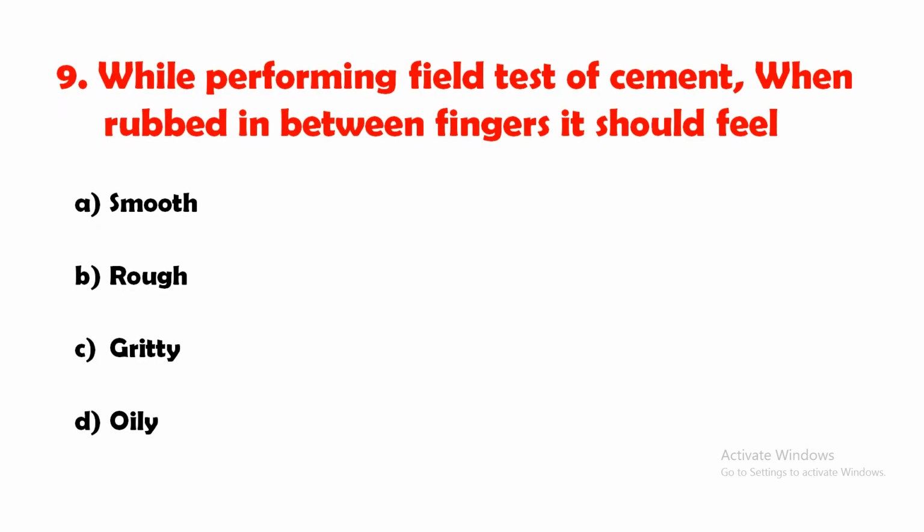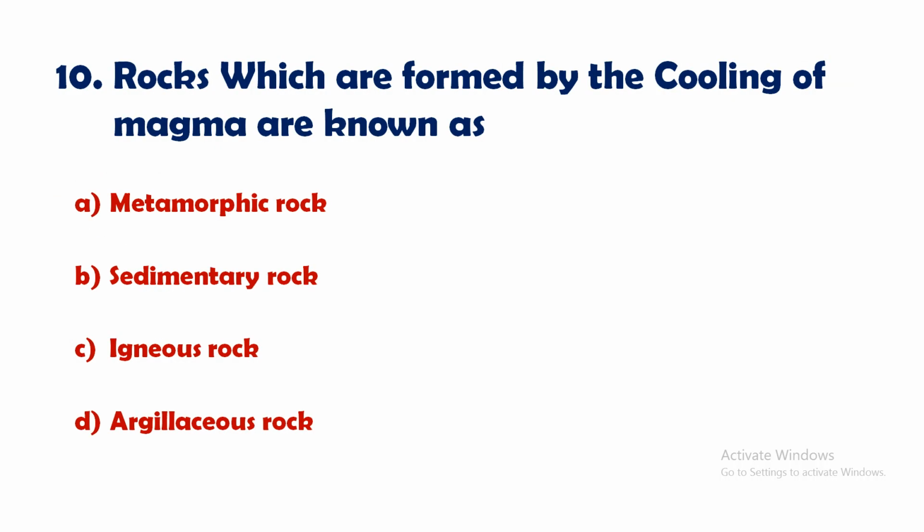While performing the field test of cement, when rubbed in between fingers, it should feel smooth, rough, gritty, oily. The answer is: while performing a field test of cement, when rubbed in between fingers, it should feel smooth. The rocks which are formed by the cooling of magma are known as metamorphic rock, sedimentary rock, igneous rock, argillaceous rock.